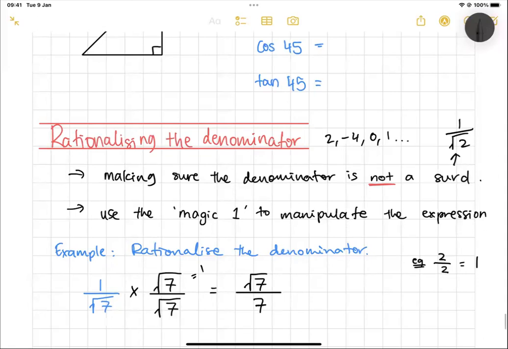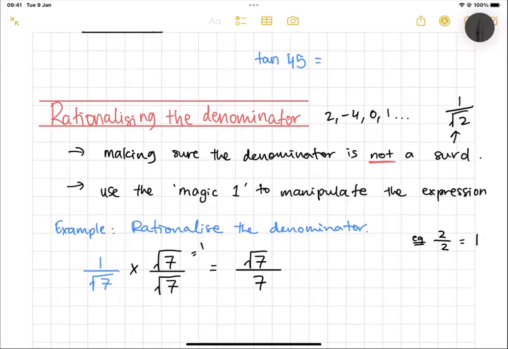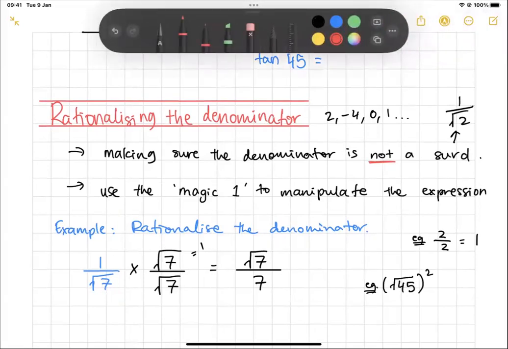How do I get that? Well, super easy. It's the exact same as, let's say I had square root 45 squared. We know when we use algebra that the squared and the square root would cancel out and it'll equal 45. But let's say I didn't know that, and I want to break it down even more.